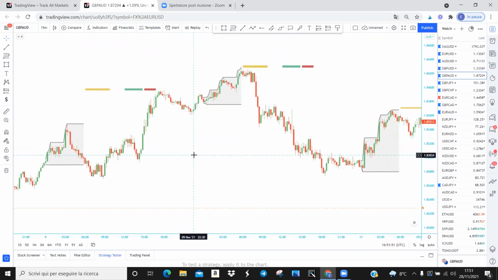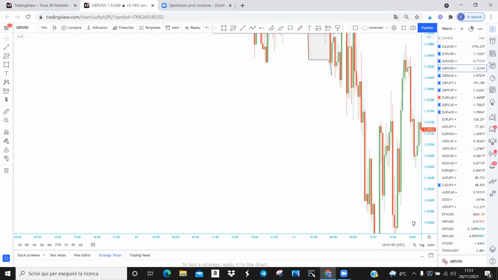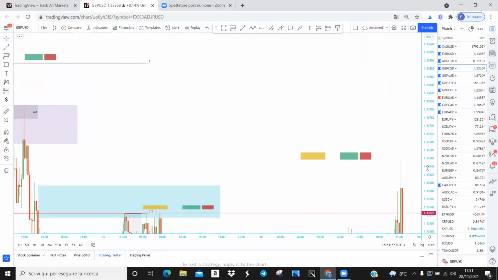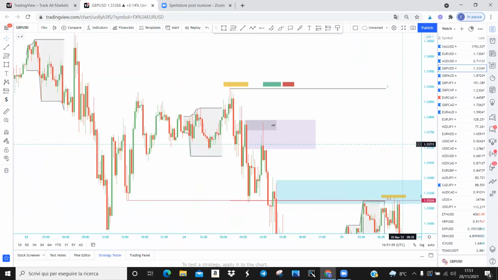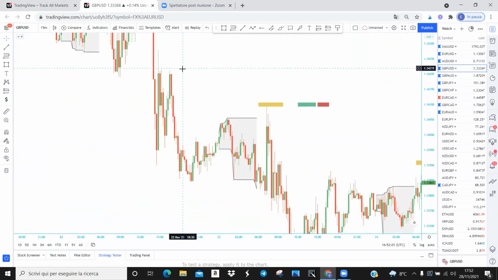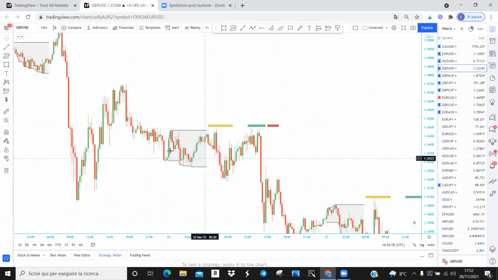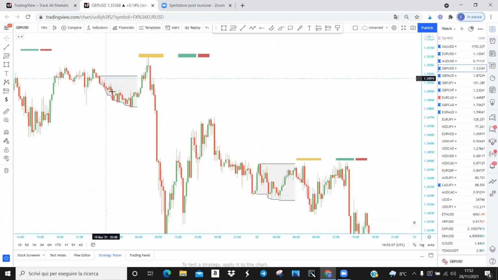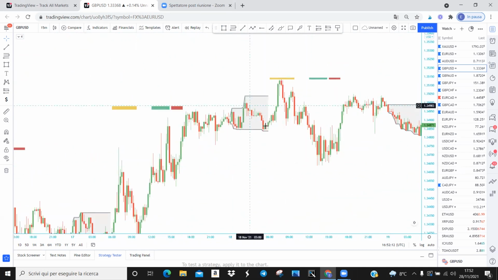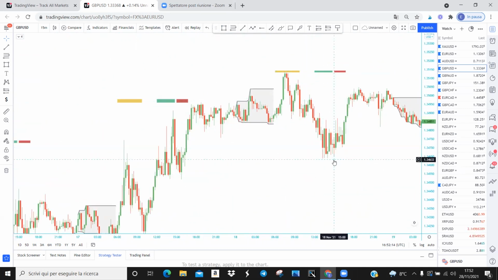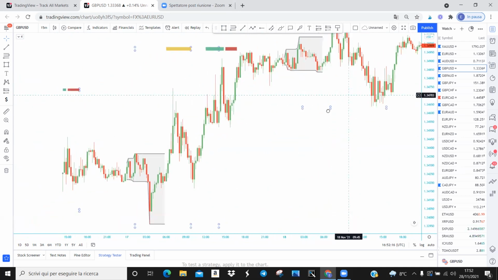So look for these things, understand how every pair is different. I can tell you right away that GBP pairs move more than other pairs usually, but just look for the shape of the Asian range. So this is fine, this one is perfect, London manipulation for a reversal, perfect.